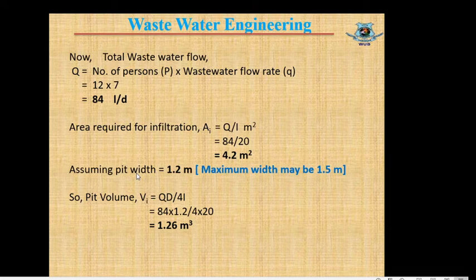In case of circular pit, d will be the diameter of the pit, but in other cases d will be the width or length of the pit. And pay attention here that to design this type of pit, the pit will be only two types, square or circular. And I equal to 20, and replacing all values in the equation, we have calculated Vi equal to 1.26 meter cube.